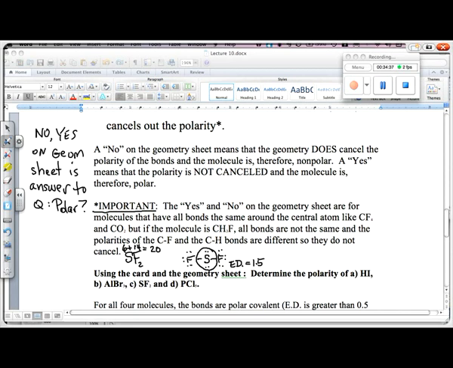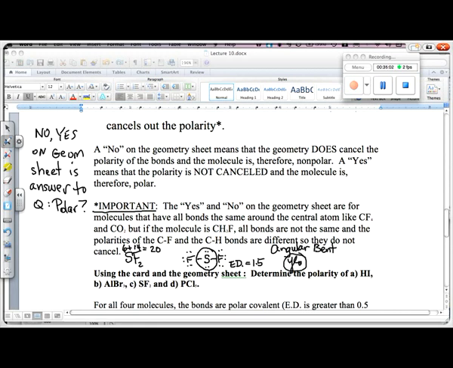So it is in the tetrahedral electron pair geometry group, but the molecular shape of this one is angular bent. And it has a yes next to that geometry, which means that these polar bonds do not cancel out. So yes, this is a polar molecule.